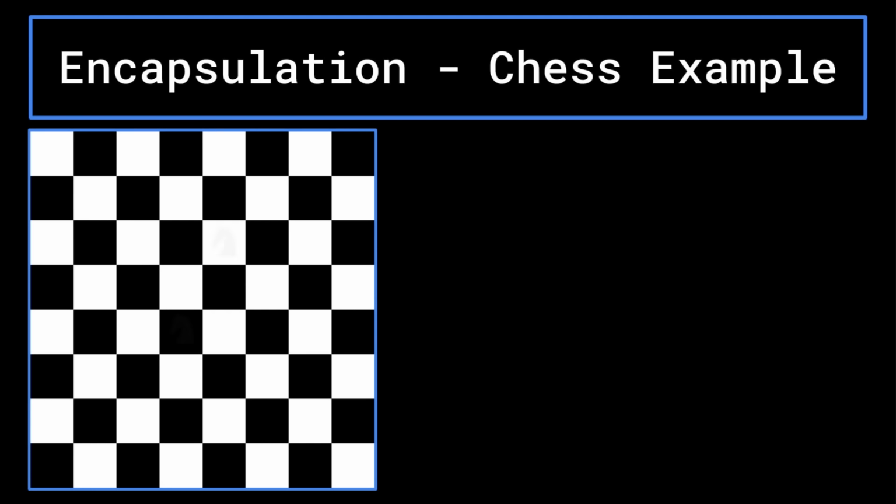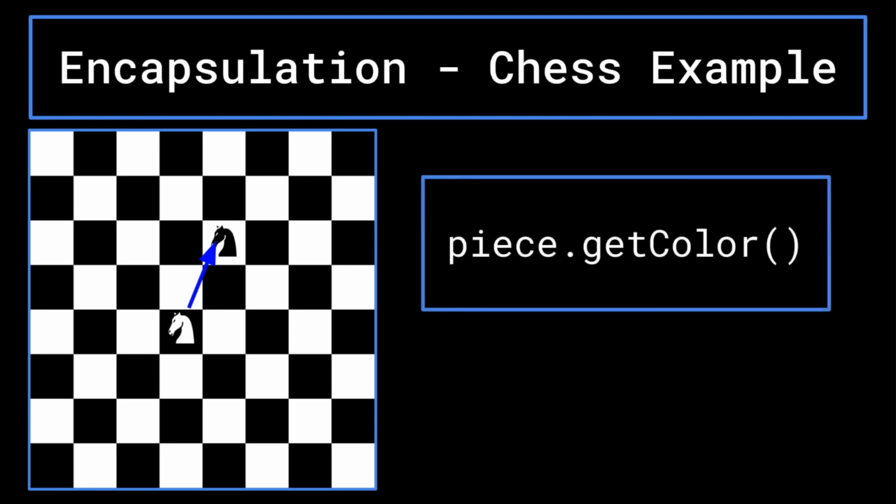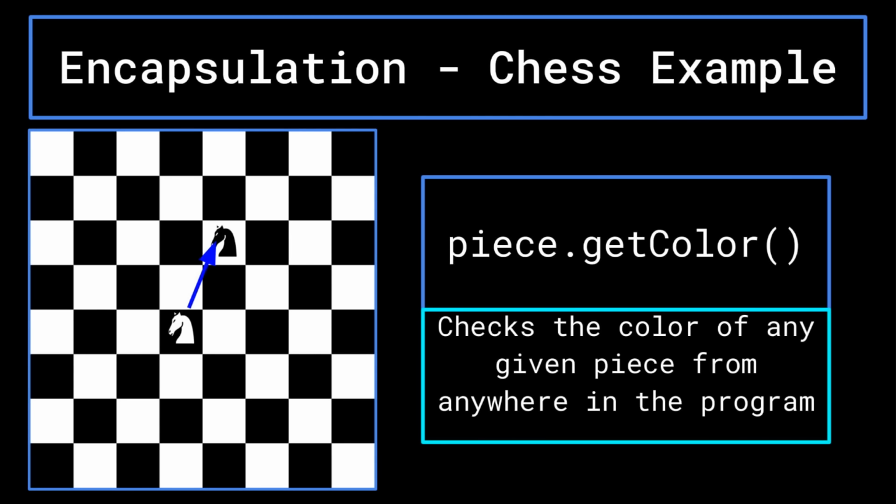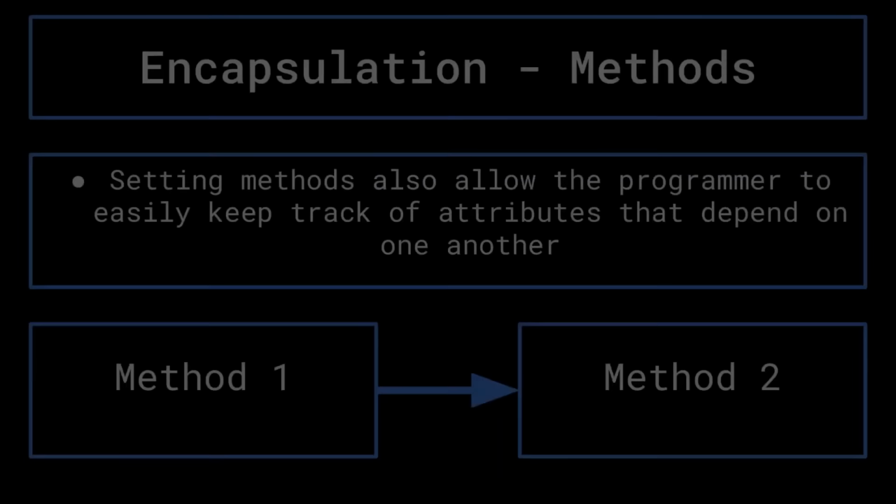If I was moving one piece and I wanted to determine whether it was able to capture another piece, I would need to define a .get method associated with each piece that returns the piece's color, in this case, piece.getColor. This way, I could check the color of any piece from anywhere in my code without having to access the internal attributes of said pieces. This allows us to retrieve the information from where it is defined.